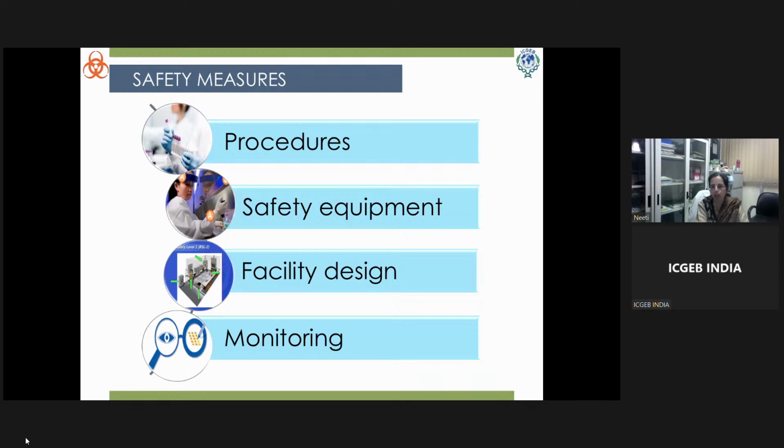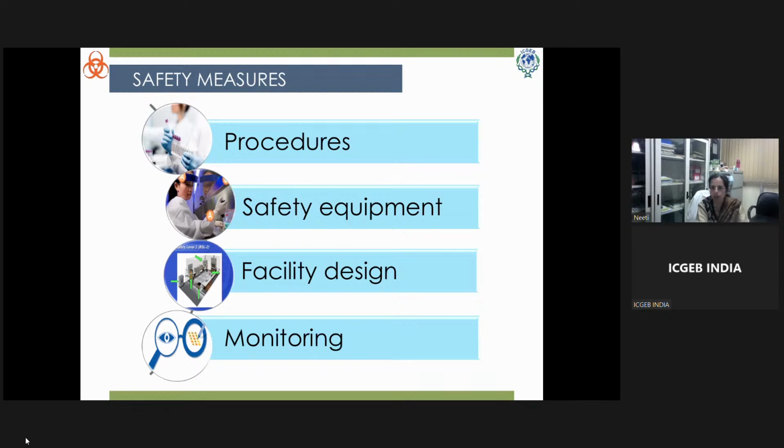Especially where pathogens of group 3 or group 4 are being handled, a specific design of the facility is required so that the pathogens do not spread or leak out of the facility either through air, water or any other route, and have an appropriate monitoring system in place to ensure that safety measures are in place and any kind of spread or infection is not happening.